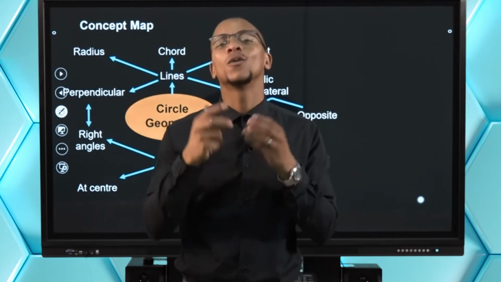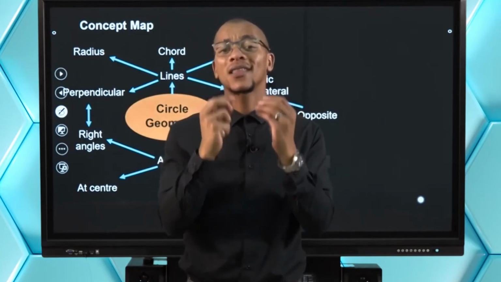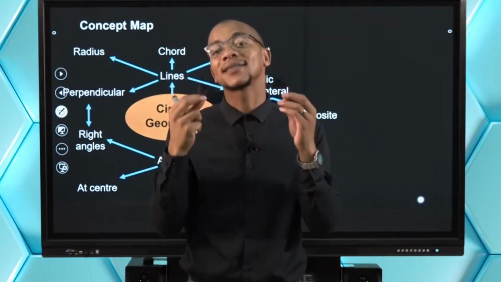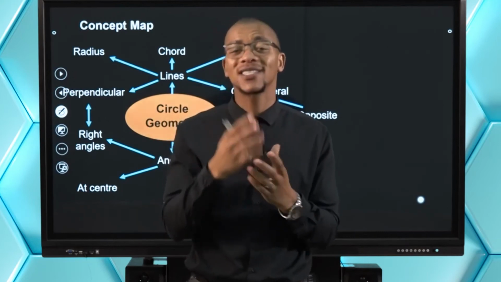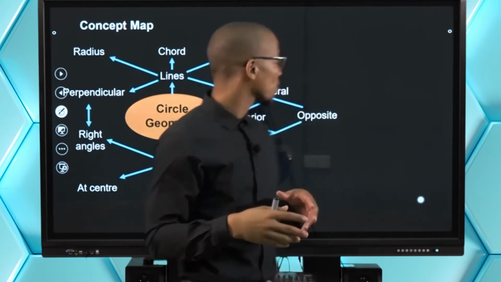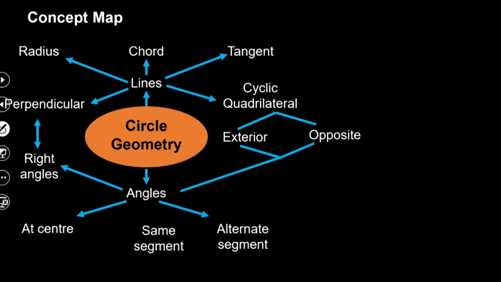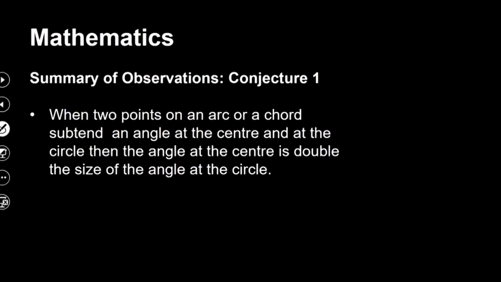And then we'll pin it down to an actual theorem to see exactly what this means. So let's just have a look at it quickly. Remember we've looked at a radius, a chord, and now we are busy with the concept of the angles, and specifically we're looking at the angle at the center, and about the same segment or the alternate segment.